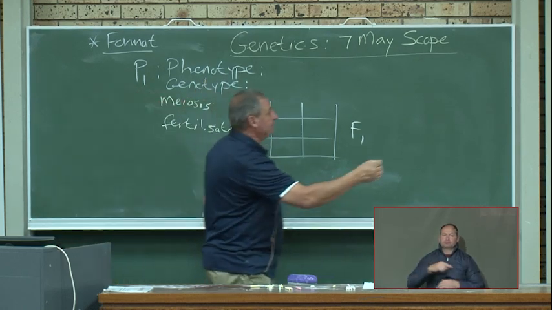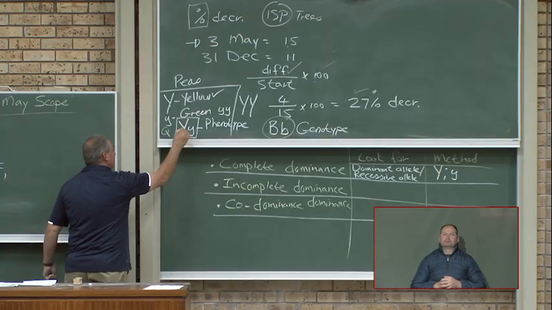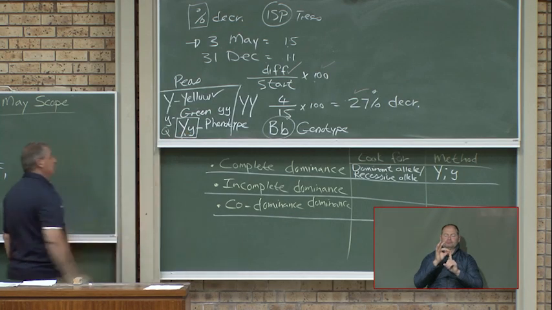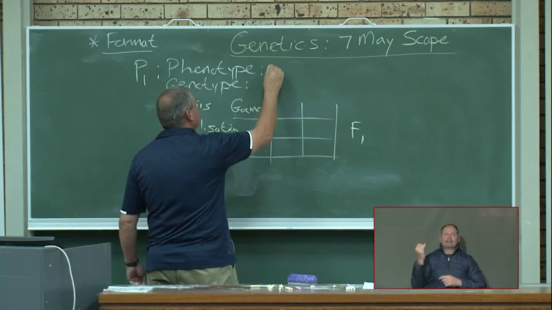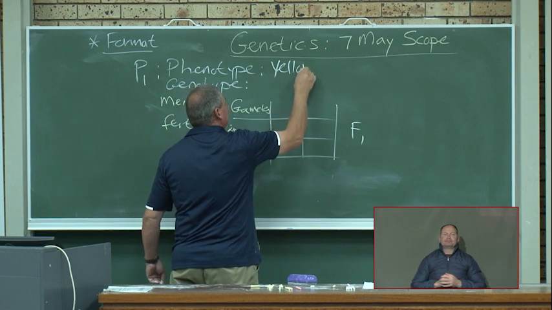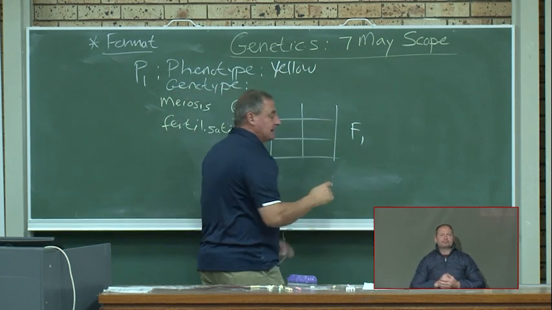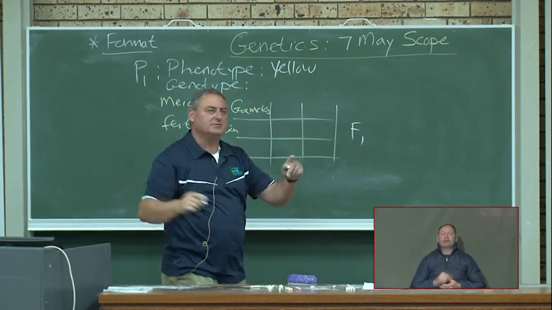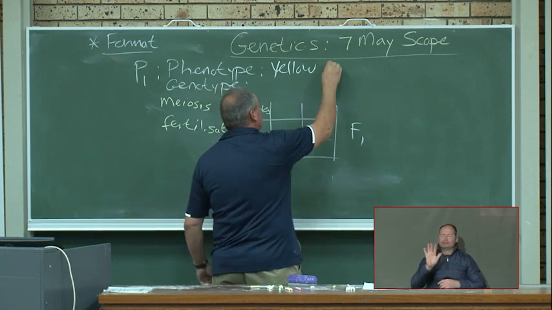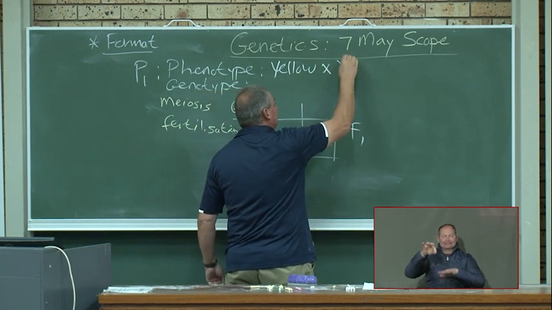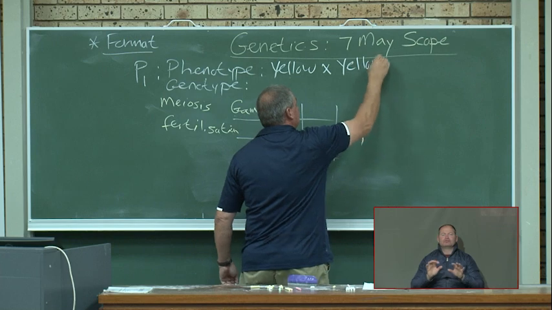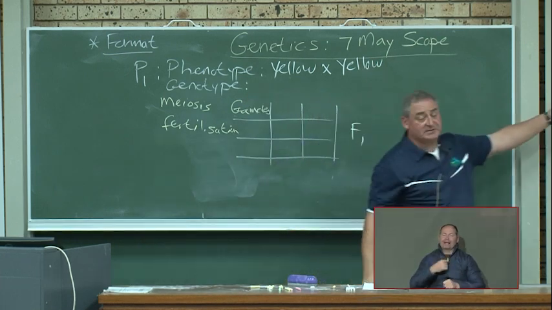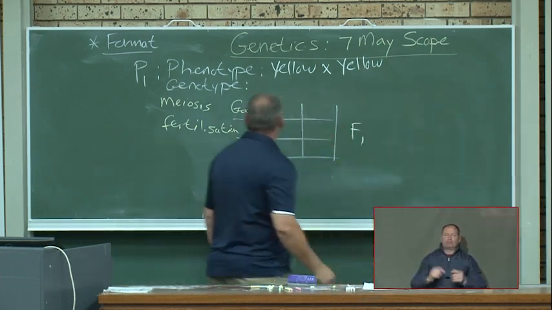The phenotype, I'm working with P's. What did I say? This parent would look like what? What color? Yellow seed color. So normally you must write in full, yellow seed color. Don't just write yellow. But I'm running out of time. So you write yellow is crossed with yellow, because I said you cross two of these that are the same. Both heterozygous.